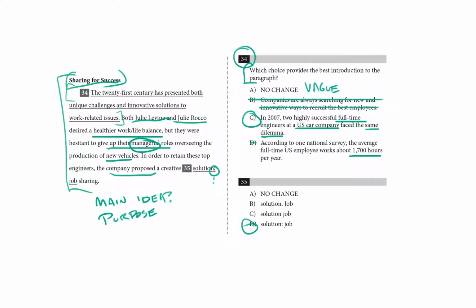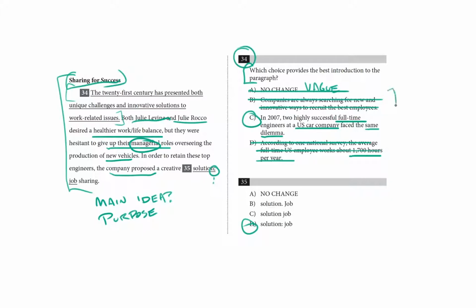This passage isn't really about full-time employees, it's about full-time employees who become part-time through job sharing. So I'm going to get rid of the vaguer option that's just about unique challenges and innovative solutions, and instead go with the more specific one that directly relates to the context of the paragraph.